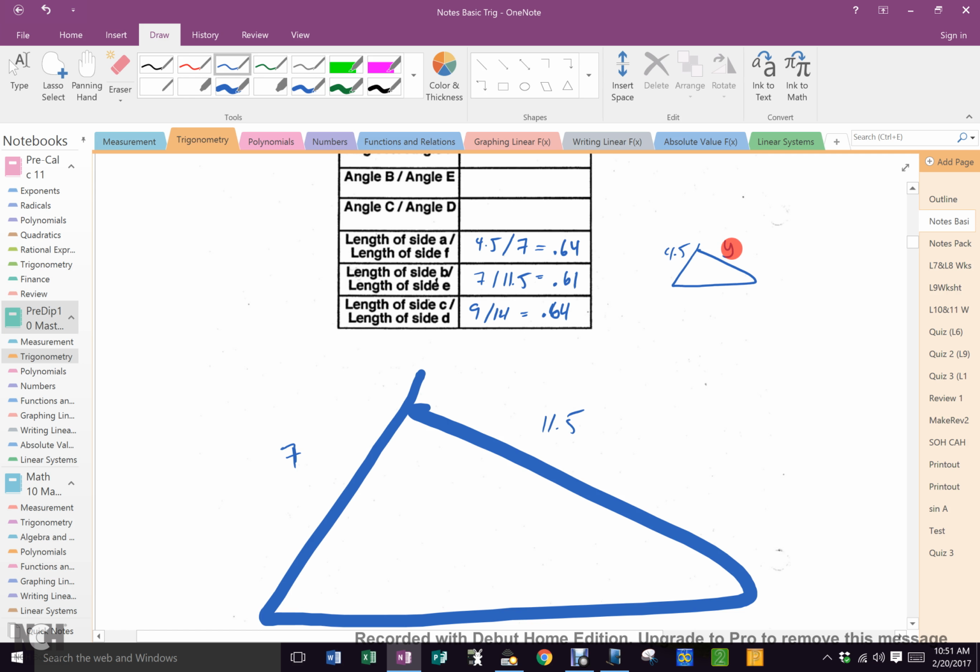Why? You did this last year. Remember this from last year? Why are you able to do that? It's similar triangles, right? Because what has changed here? Have the angles changed at all?